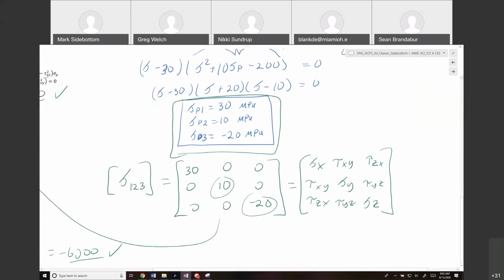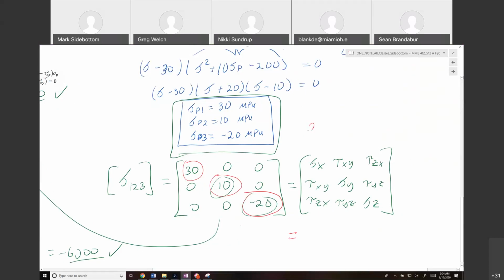So Don, what I really should have written here is that this is the highest principal stress, so that's why I put it in the top left. The median principal stress I put in the middle, and the lowest principal stress in the bottom right. That's just the convention.